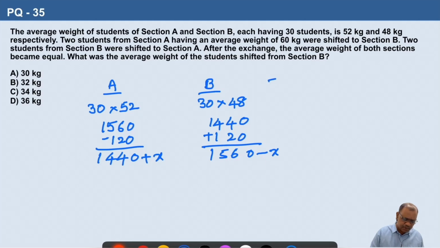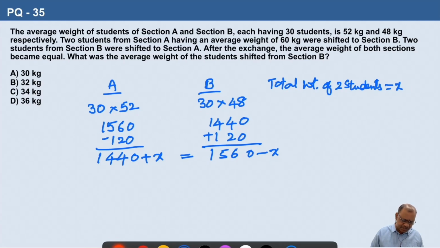The total weight of two students, let us assume as x. So from section B they move to section A. The average weight of both the sections becomes equal. Now let us simplify this.